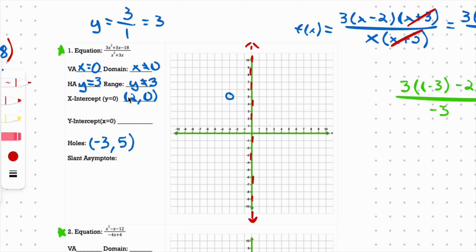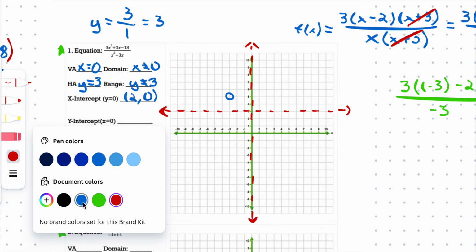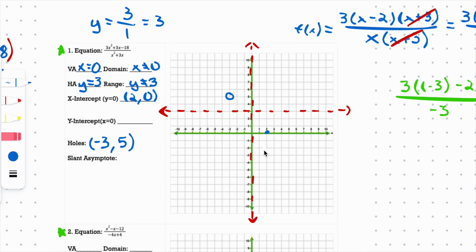And then we also have a horizontal asymptote at y equals 3. So I'm going to go right here. And now we want to graph some of the points we have. So we have 2, 0 as a point. So I'm going to graph that right there. And then we already have that hole.